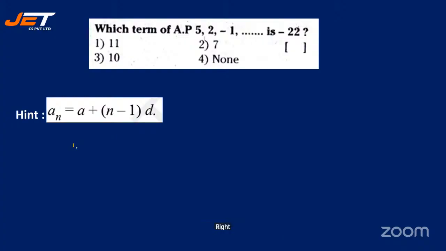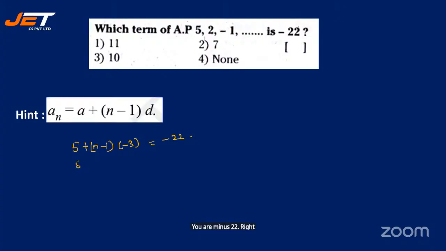Right, so what is a? 5 plus, we don't know, n minus 1 into d. d is T2 minus T1, isn't it? So what is T2 minus T1? The second term minus the first term. So 2 minus 5 will give you minus 3. Right. So n minus 1 into d, which is nothing but your minus 22.